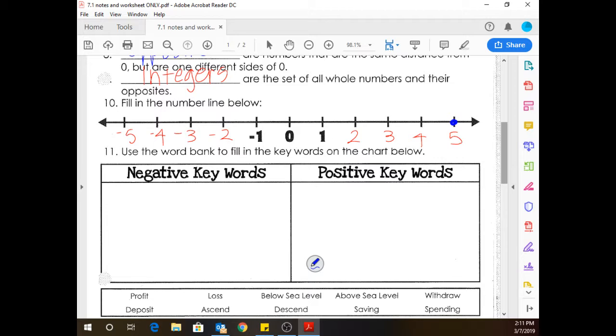Right now, with your table mates, and I will talk about it because once you put it in pen, it's permanent, I want you to plot on the number line negative, I'm going to write it just in case there's confusion, -1.5. Right now, I would make sure everybody agrees.